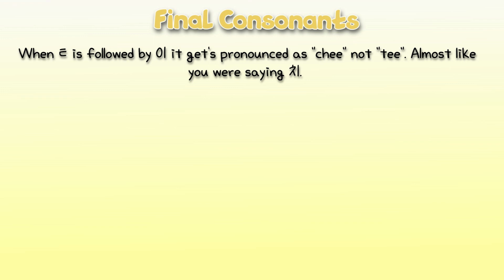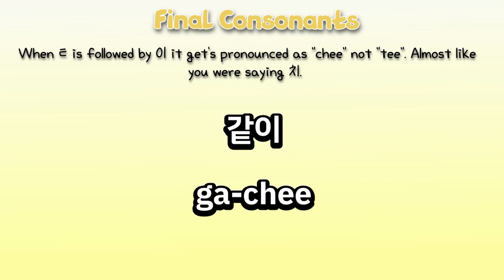One common word that you are going to see this in a lot is the word 같이. You can hear that I pronounced it gachi because our tiut, final consonant, is followed by i. So it's not gati, but gachi.